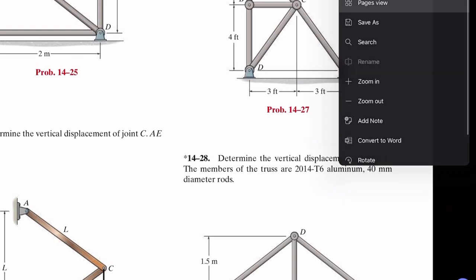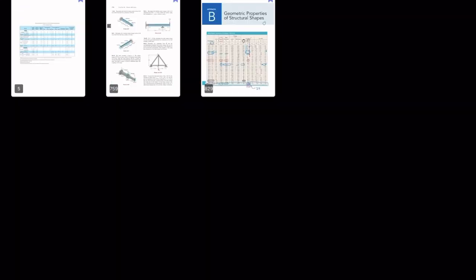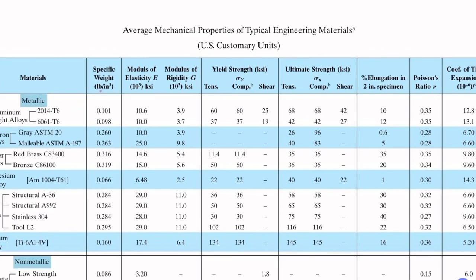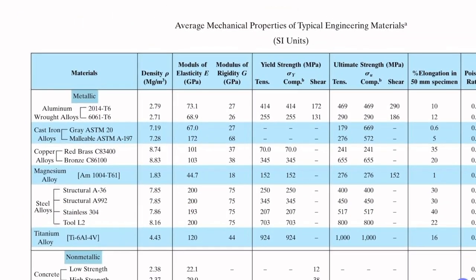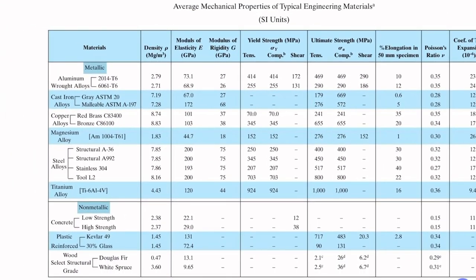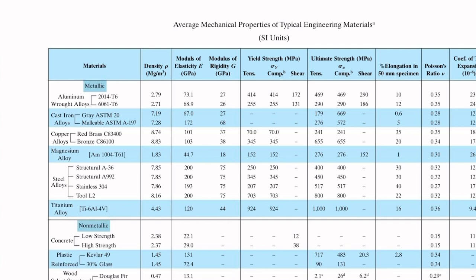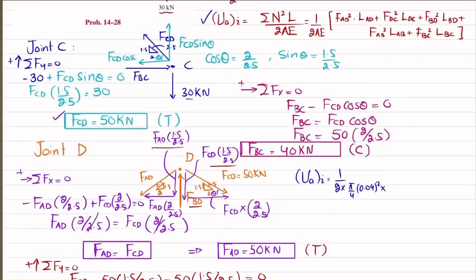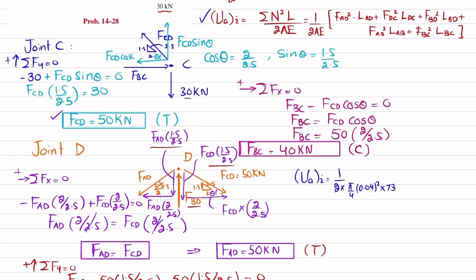So I will go to the property tables, and you have this table in SI units. So here you can see that for 2014 T6 this is 73.1 in gigapascal. 73.1 into 10 raised to power 9.